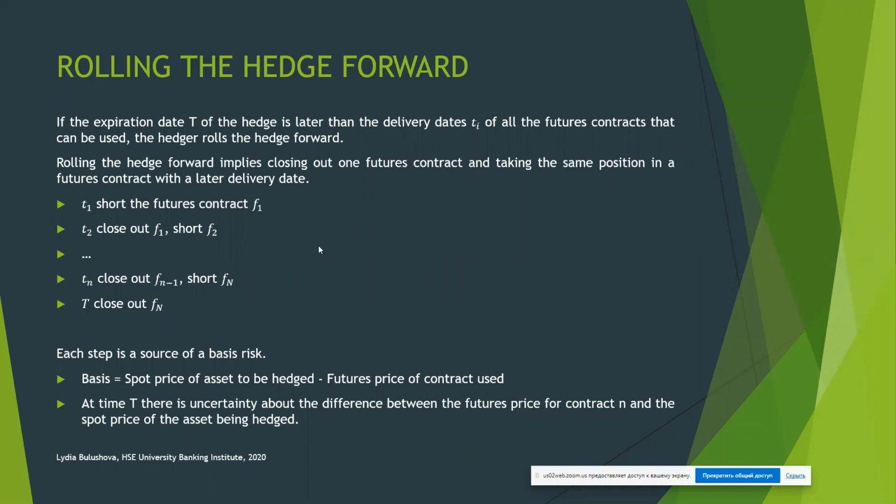So what about rolling the hedge? Rolling the hedge or riding the yield curve are two strategies that seem very, very convenient and profitable, like cash generating, until the curve moves in the opposite direction, until the basis risk arises.